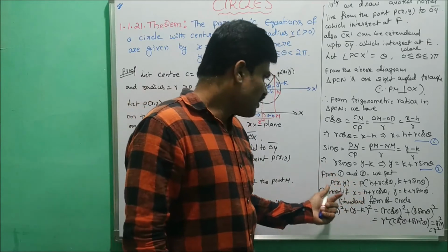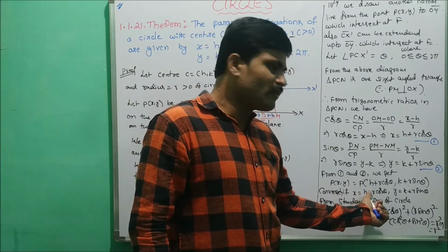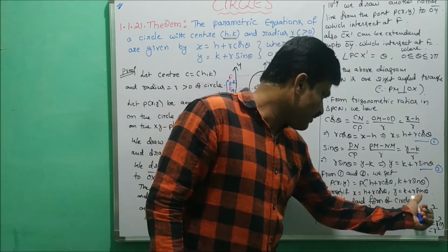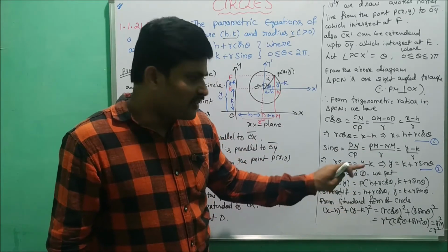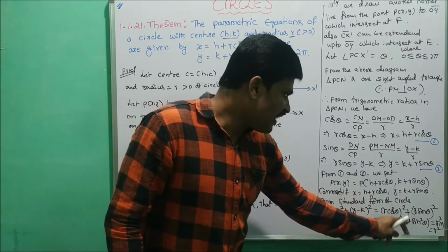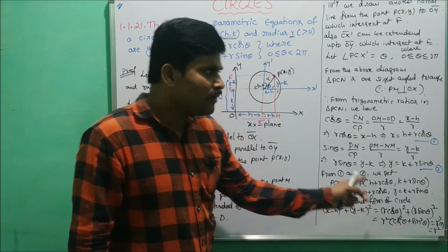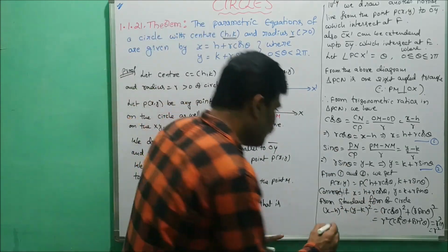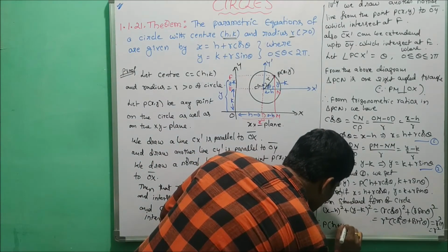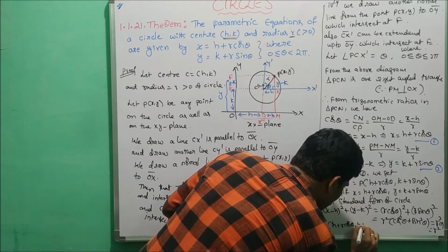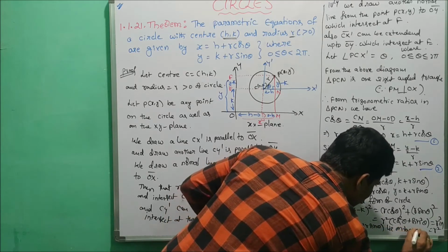So here we take the point P of xy, with x equal to h plus r cos theta, y equal to k plus r sin theta. Now we take those values in the standard form of the circle. Clearly those values satisfy the equation. So we observe that the point lies on the circle. Therefore P of h plus r cos theta, k plus r sin theta lies on the circle.